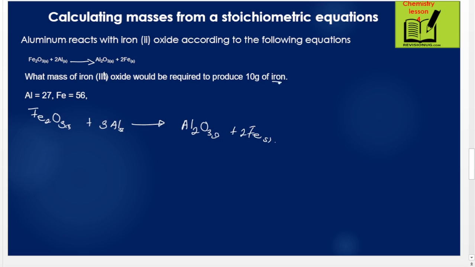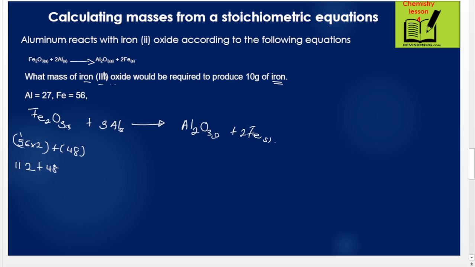We are comparing iron and iron 3 oxide. So let us get the RFM of iron 3 oxide. So this is 56 times 2 and then plus 48, right? Let us add that one.